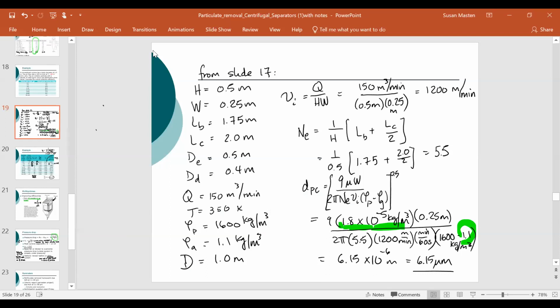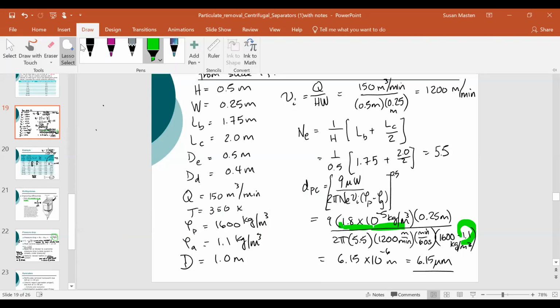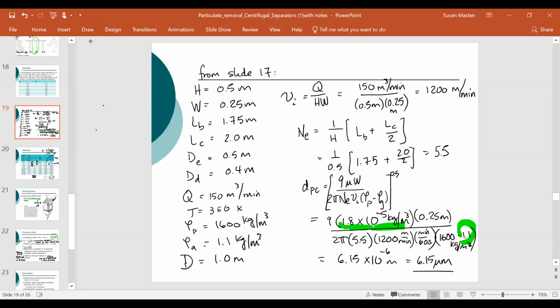And had that occurred, so let's go back here, what we calculated was for a temperature of 293 Kelvin.